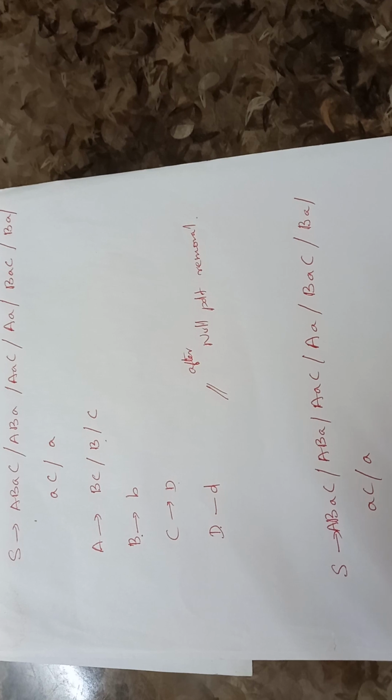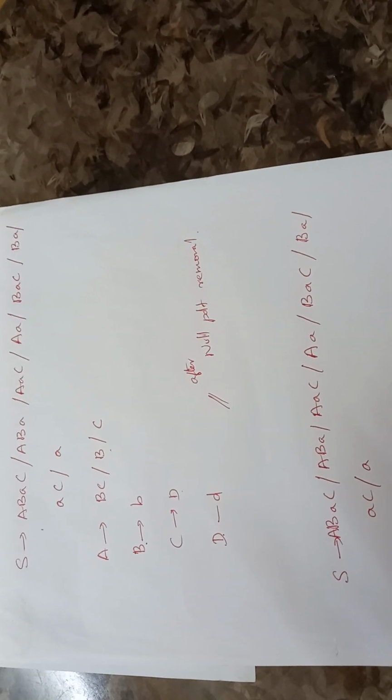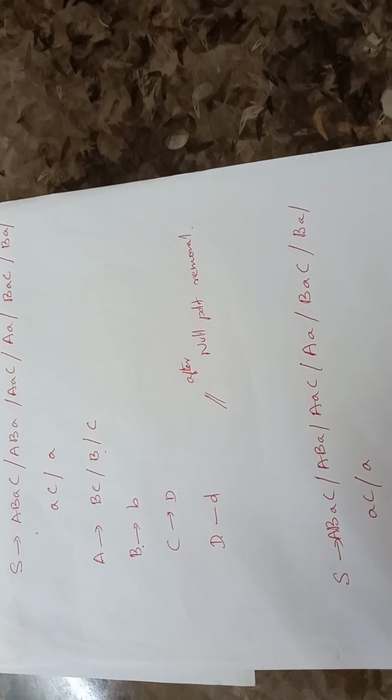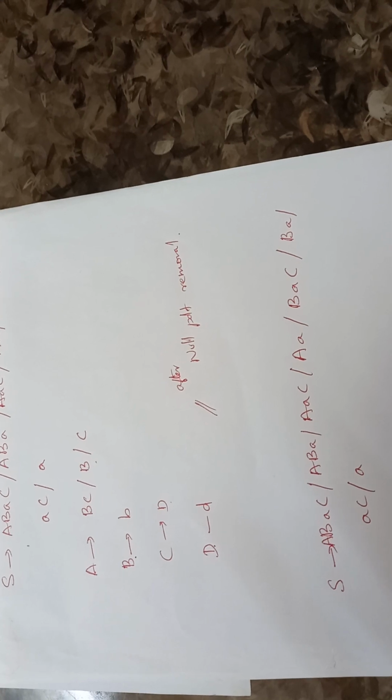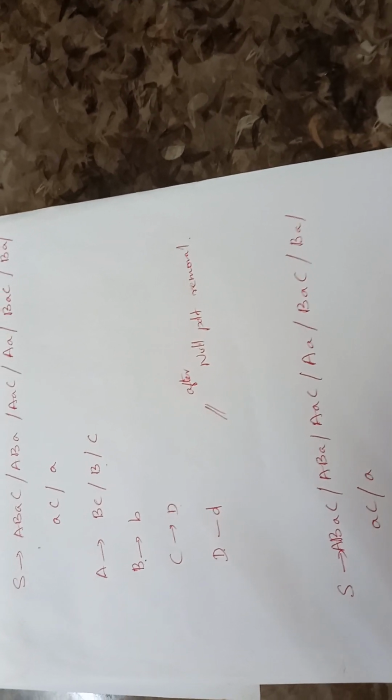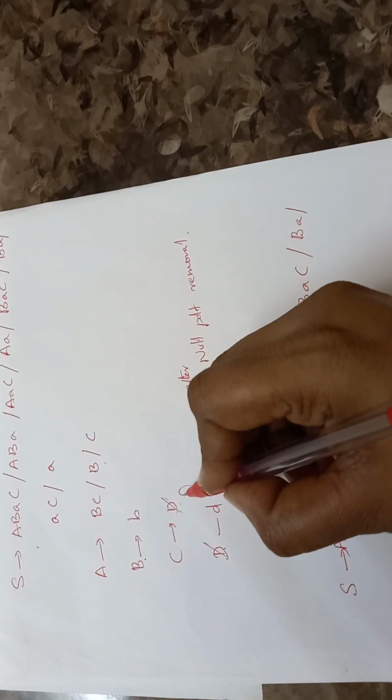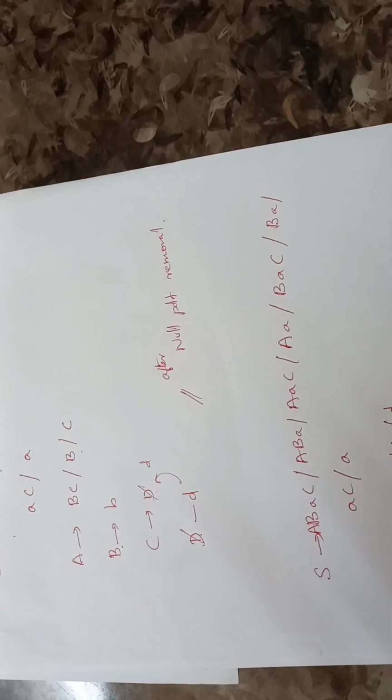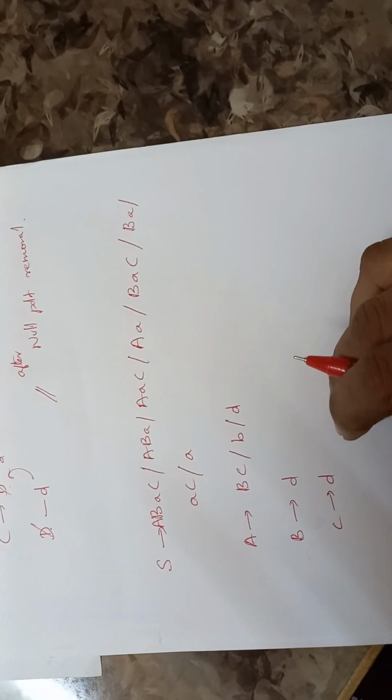Now in the place of A derives BC, then B is a unit production, B's production is B, and then C's production is D here actually, but if you are implementing this, this will be the small d. So we can directly substitute small d here, then B derives d, and C derives d. Fine.